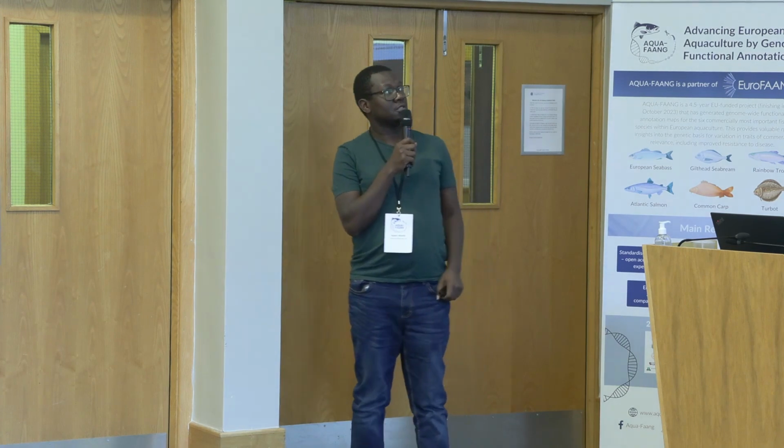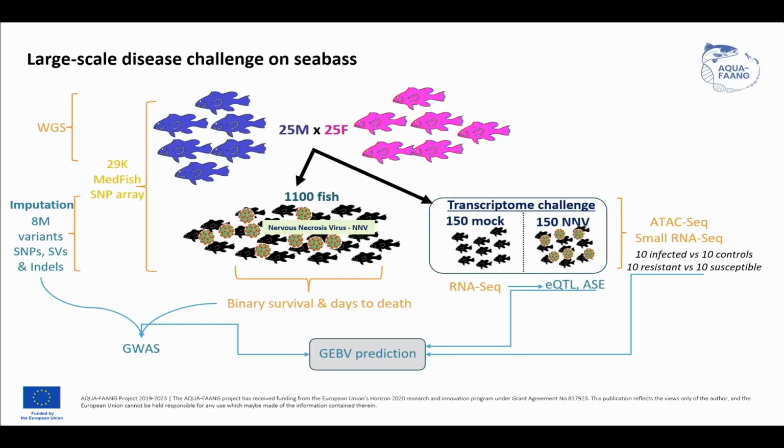Thank you, Luca. To test the genetic architecture of VNN resistance in sea bass, we had this large disease challenge where we had 25 males and 25 females crossed to produce a large population of about 1,000 individuals, which were challenged by the NNV, or nervous necrosis virus, and then another proportion of about 300 individuals which were used for generating functional information, including RNA-seq, ATAC-seq, and also some small RNA.